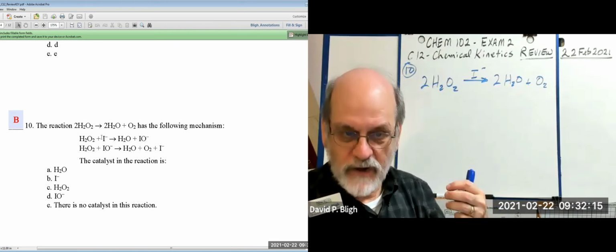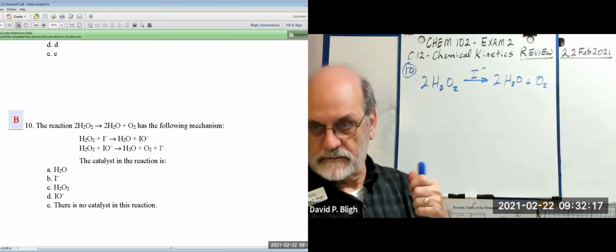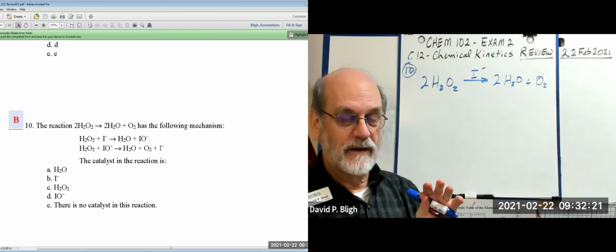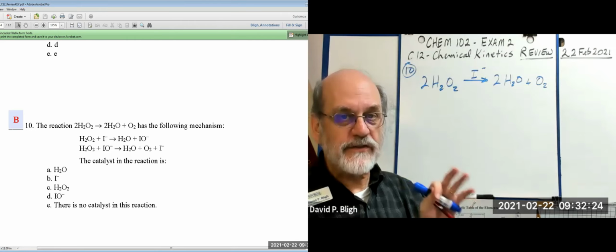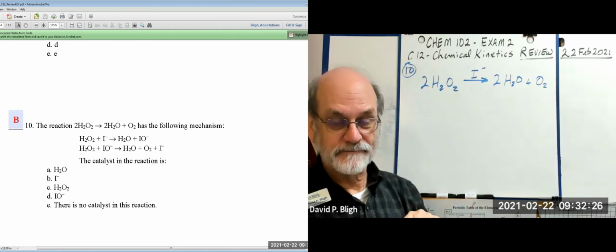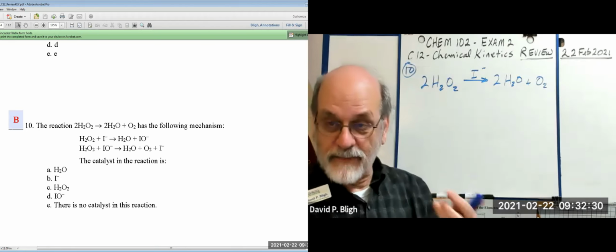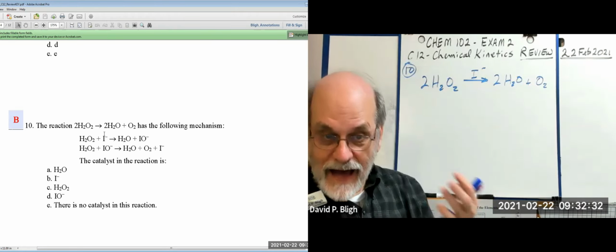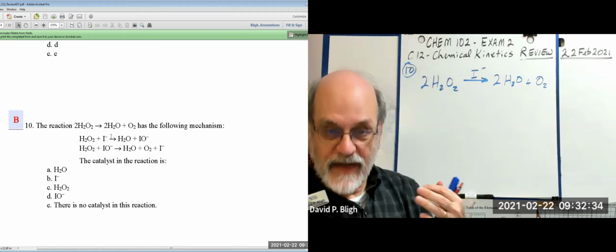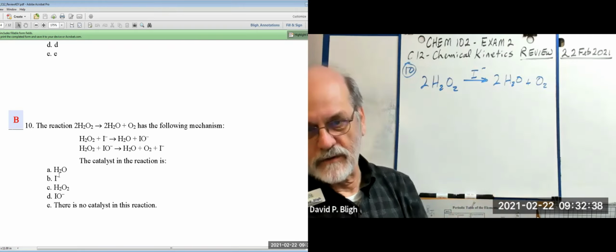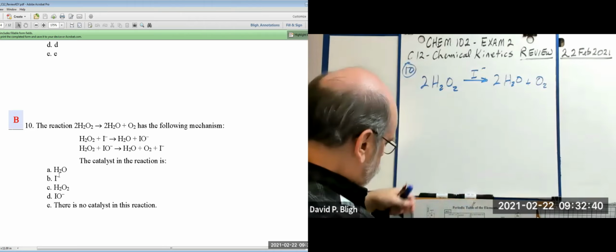So that iodide went in here and it came out there. So it was intimately involved in the reaction, but it was not consumed by the reaction. Okay, so that being said, the iodide ion is the catalyst in this reaction. That's why B is the answer.